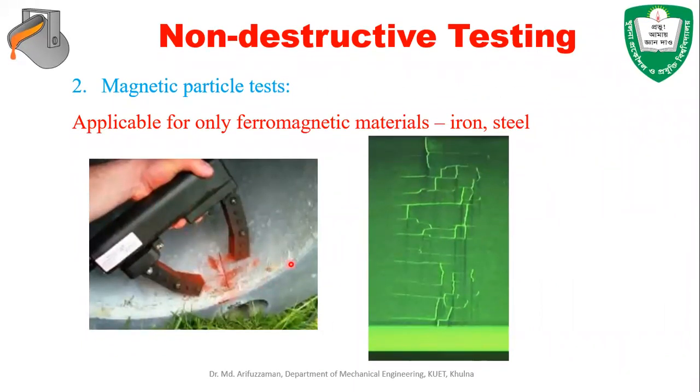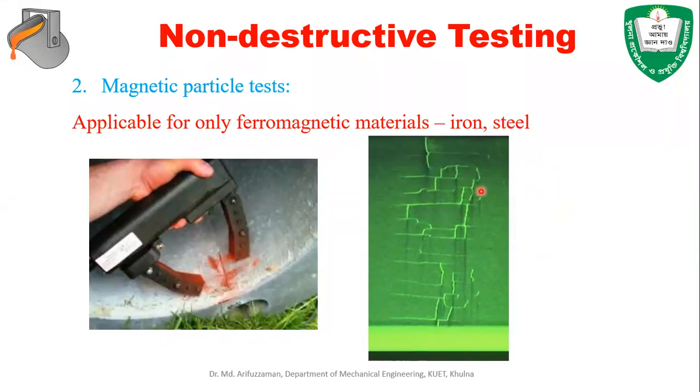And another thing that I was talking about, you need to apply the magnetic field in various directions to find the cracks. Actually, in this case, for example, this one is using the fluorescent magnetic particle. If you use the fluorescent magnetic particle and then apply the magnetic field on the specimen, and then you visualize it under black light or ultraviolet light, then you will be able to see the cracks like this.